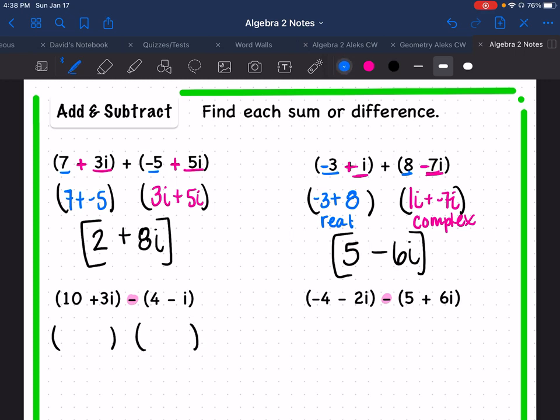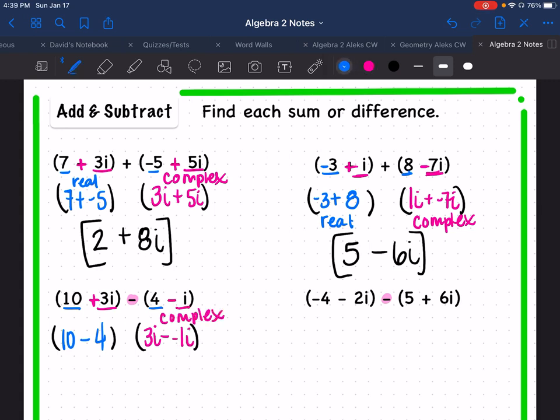But the same thing goes. 10 minus 4 is for my real part, right? That's all I'm doing. I'm going to do the reals minus each other, and now I'm going to do the complex. I know I'm adding it up there. So I have +3i minus -1i, right? Because that's what this one says here in the complex.